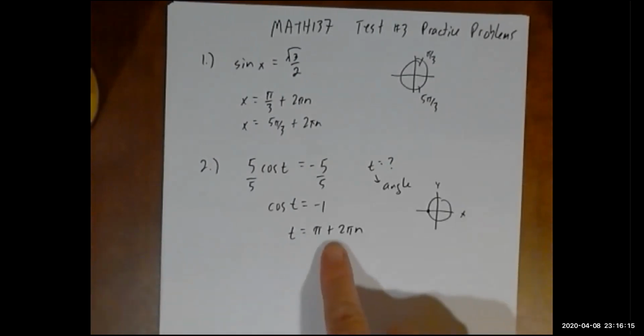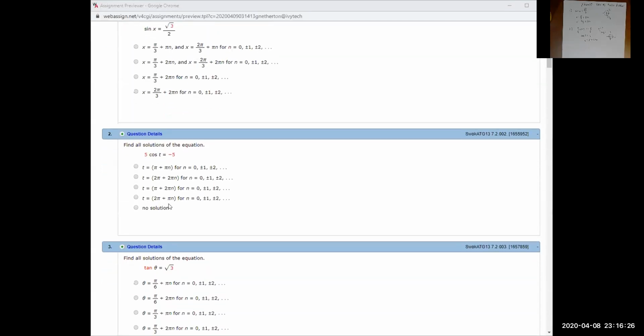So now if we go back at the answers, I hopefully will see one where it says pi plus 2 pi n. So if I go back, here, pi plus pi, that's not correct. It should be pi plus 2 pi n. So it looks like this one's correct. Looks like the third one, I believe, is correct.